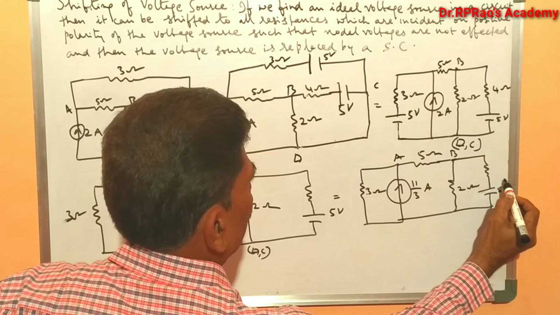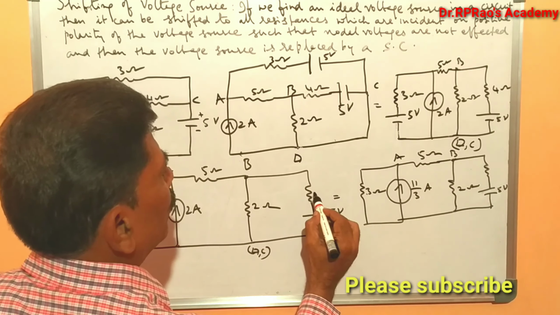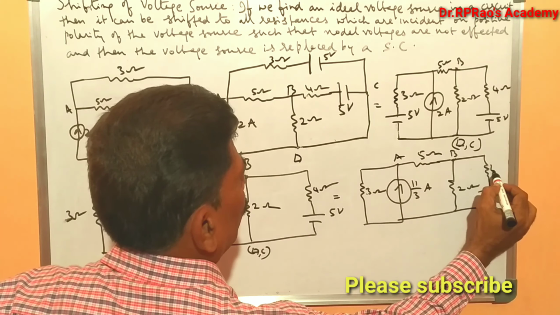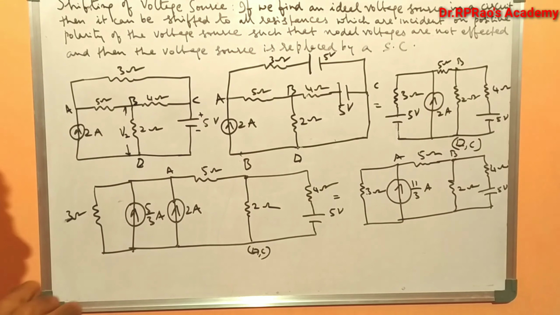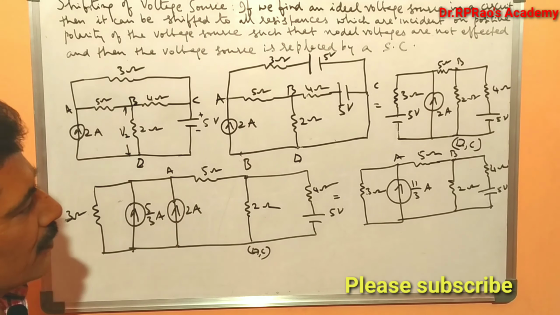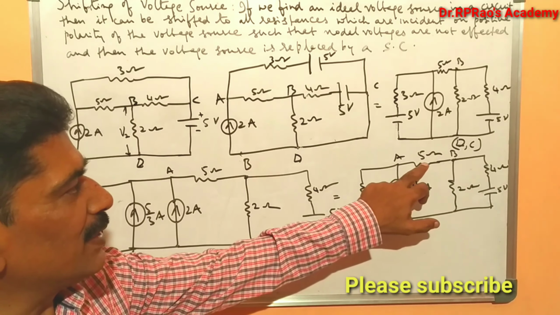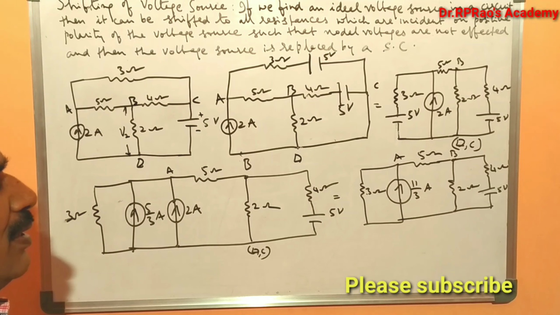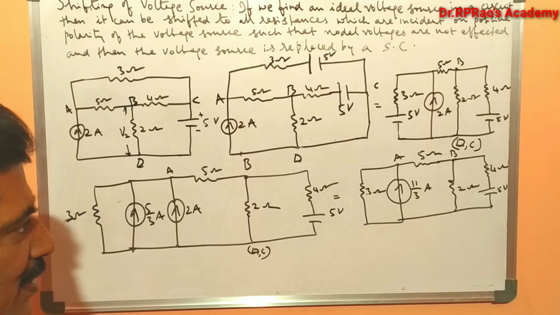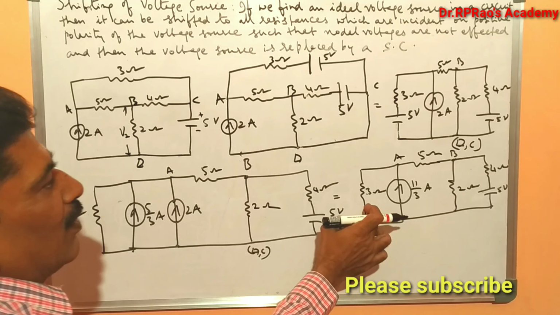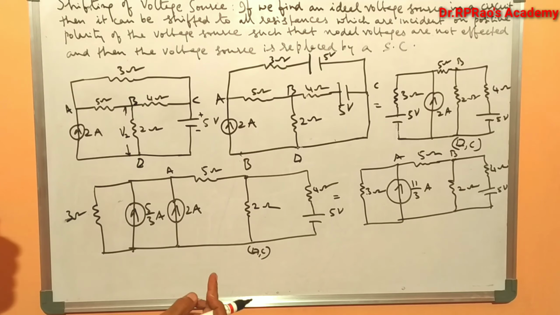Volts voltage source, and this is 4 ohms. Now, if we convert this current source into a voltage source, then 3 ohms will be in series with 5. So, the circuit will be further simplified. 11 by 3 into 3 is now 11 volts.